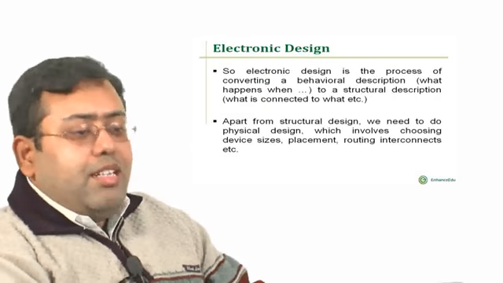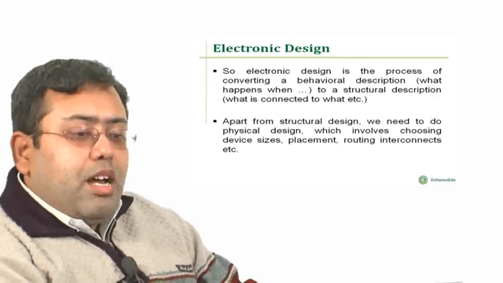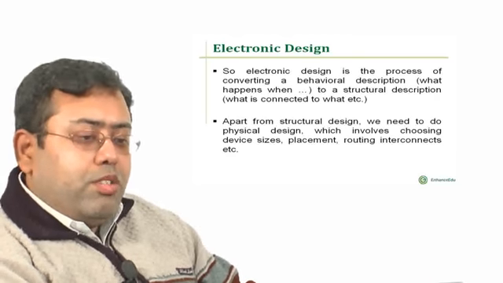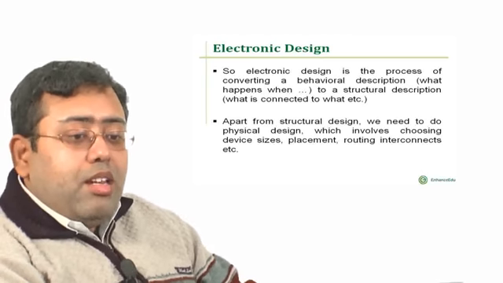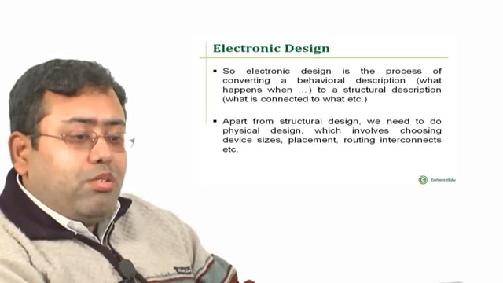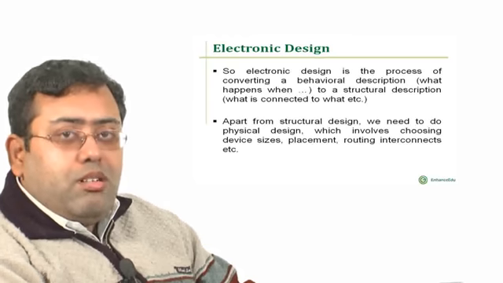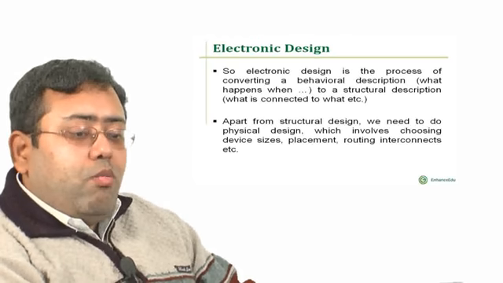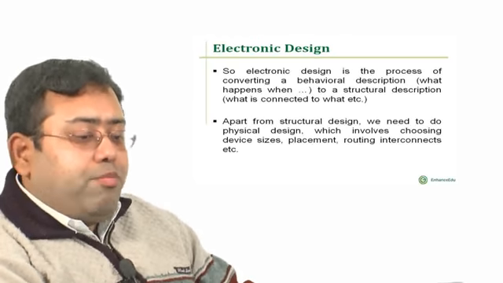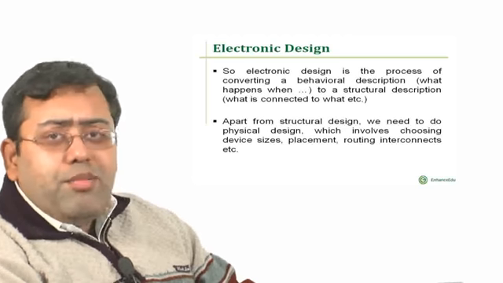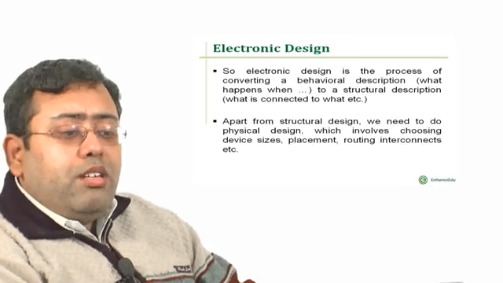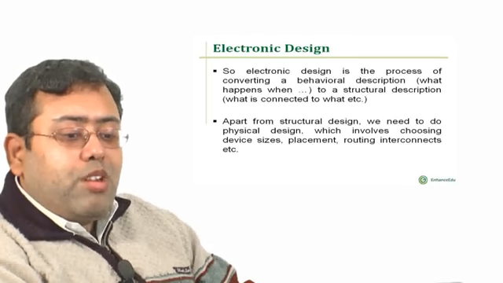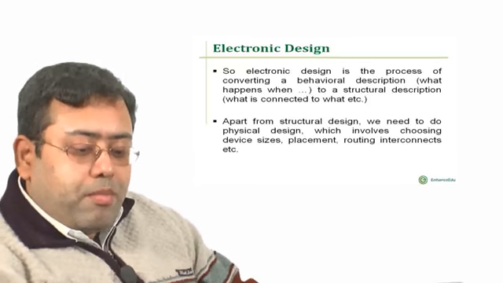So, electronic design is the process of converting a behavioral description, which pertains to answering the question what happens when, to a structural description of the circuit, which means we need to answer the question what component is to be connected to what component, and so on. Apart from structural design, we also need to do physical design, which involves choosing device sizes, placement, routing, interconnects, etc.